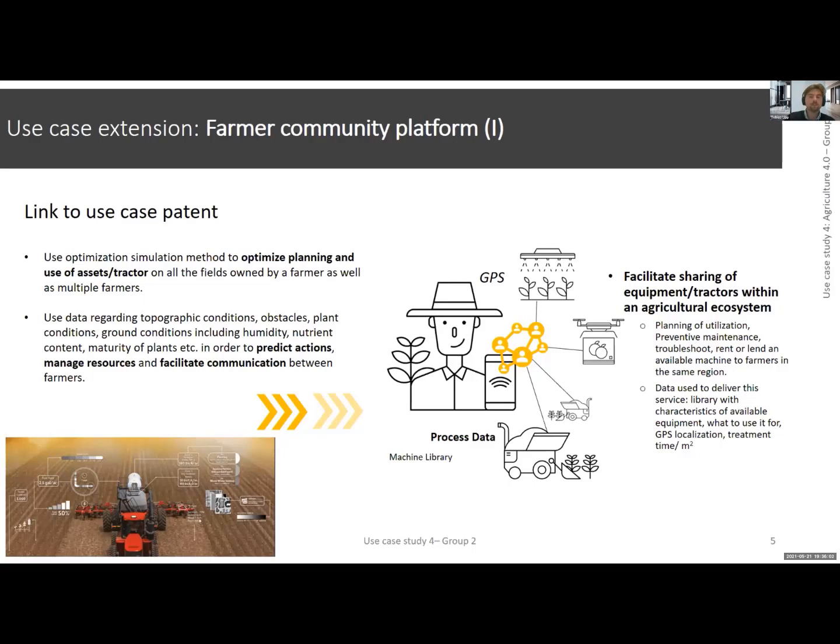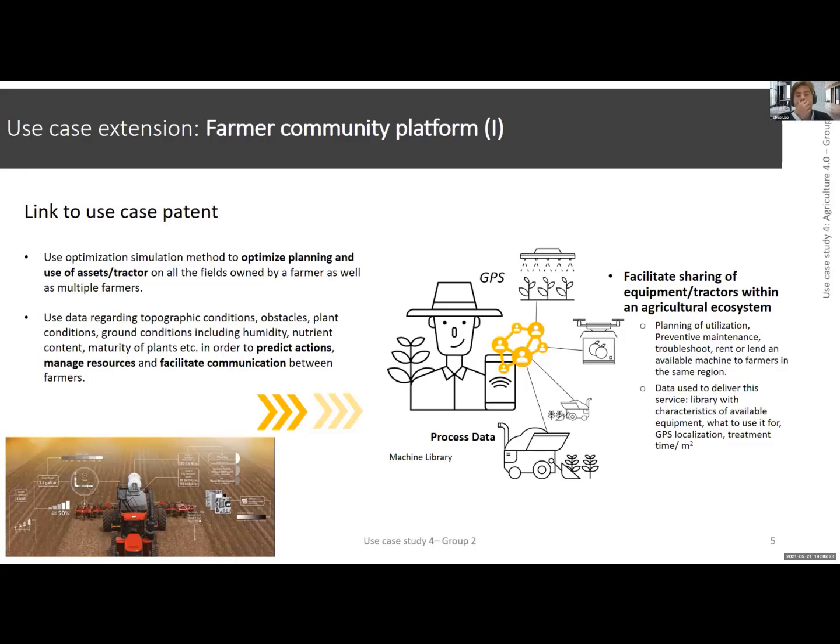Thereby, in the first aspect, we were thinking to use the platform to facilitate the process to share over the platform machinery and tractors we are not using. So we could use process data to determine if machinery is not used, and offer it automatically on the platform, so that other users get aware of it and could use it.